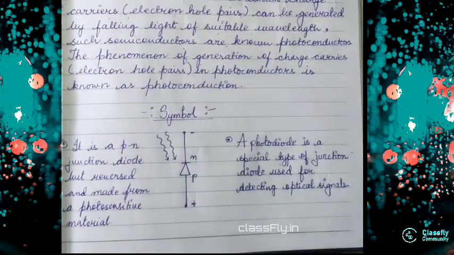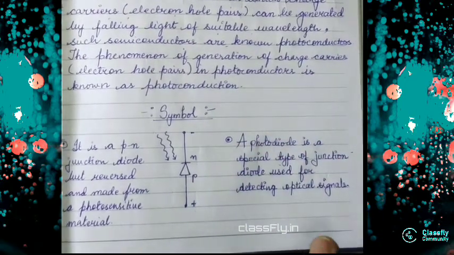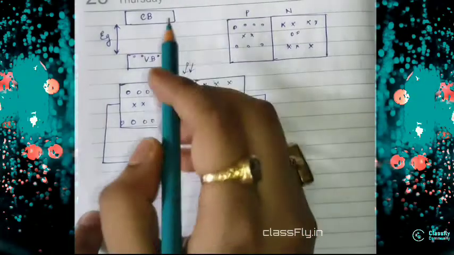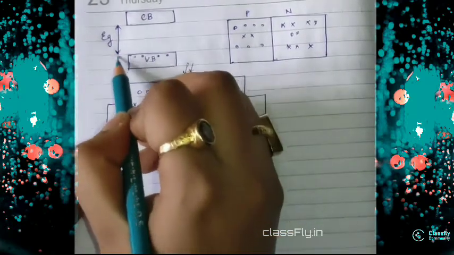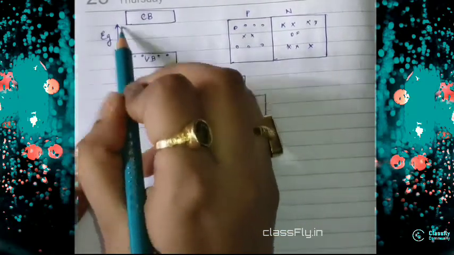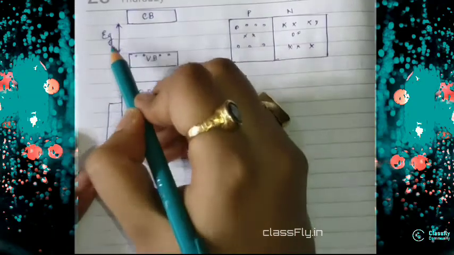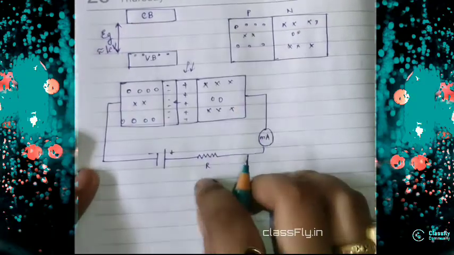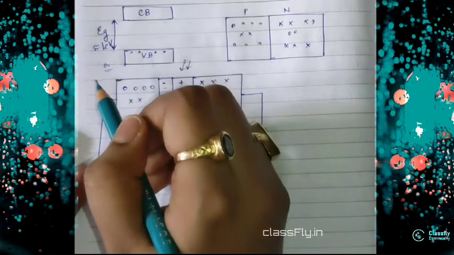Now let's move on and understand what photoconductors are and what the phenomenon of photoconduction means, and also the electron-hole pair, that is the charge carriers. You can see the conduction band and the valence band here, and a very huge gap, which we denote as Eg, approximately equal to 1 electron volt. At 0 volt it acts as an insulator.